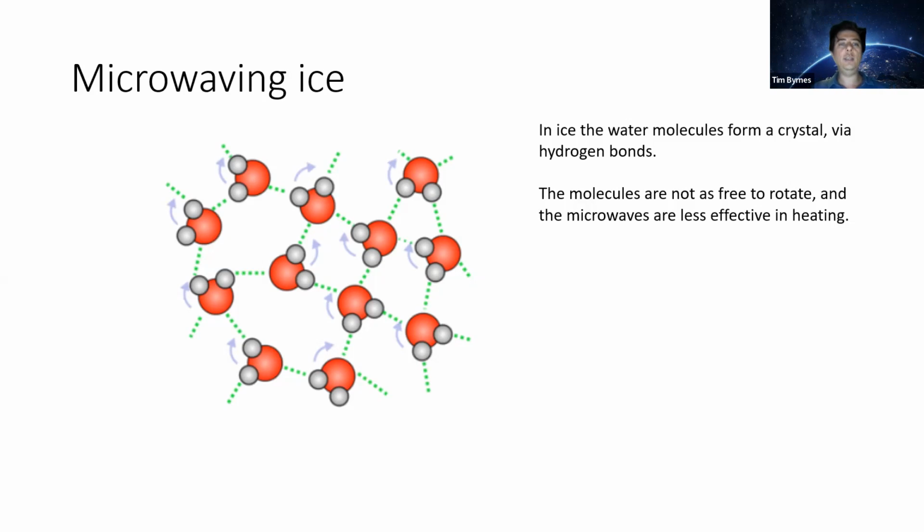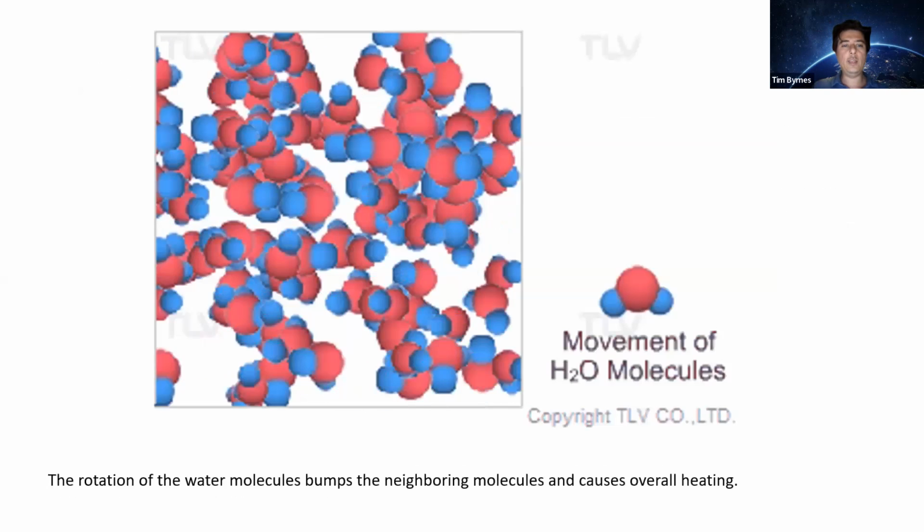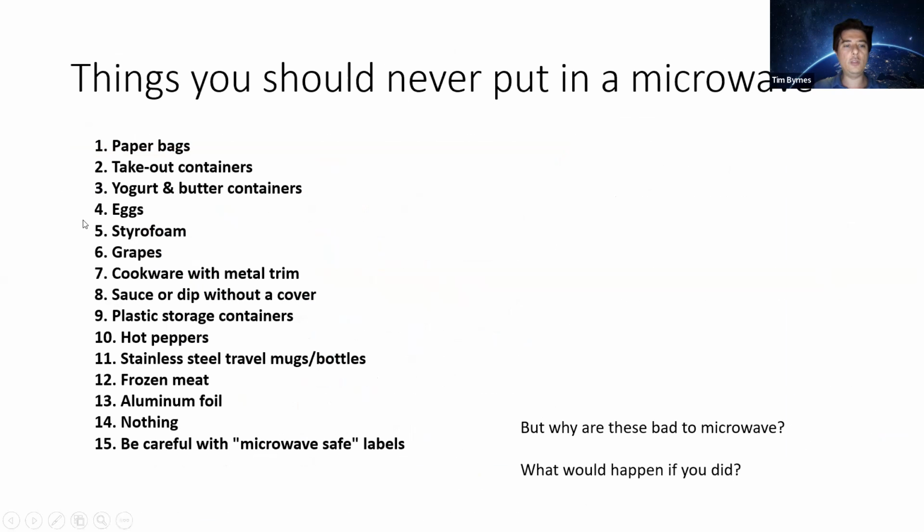So what you're really doing when you microwave ice is that some of the ice melts, and there is some water in it, and the microwave will heat up that water very well, but not heat up the ice very well. This explains one of the things over here. It says things you should never put in a microwave: frozen meat, not because anything bad happens.